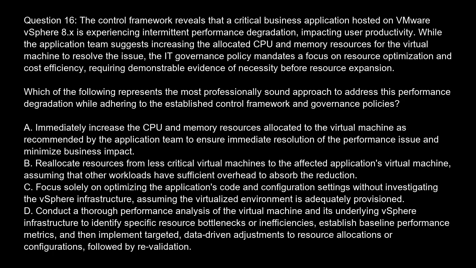Option C. Focus solely on optimizing the application's code and configuration settings without investigating the vSphere infrastructure, assuming the virtualized environment is adequately provisioned. Option D. Conduct a thorough performance analysis of the virtual machine and its underlying vSphere infrastructure to identify specific resource bottlenecks or inefficiencies. Establish baseline performance metrics, and then implement targeted, data-driven adjustments to resource allocations or configurations, followed by revalidation.